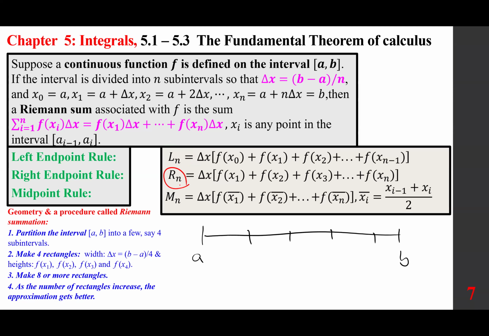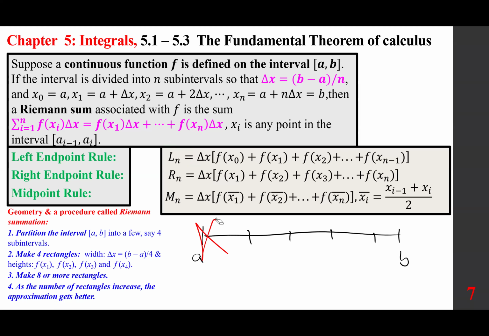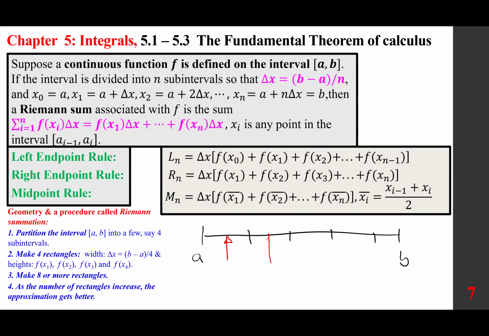For the right endpoints, I'm not going to use a, but I'm going to use the rest of it. For the midpoints, I'm going to find the first midpoint here, and then I'm going to add delta x. And I evaluate the function at those points, or just follow the formula. It makes no difference.